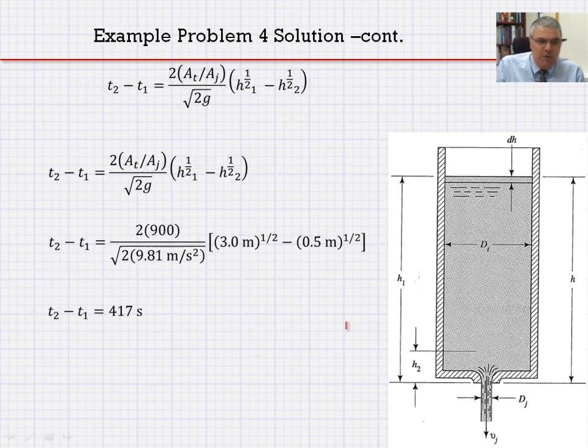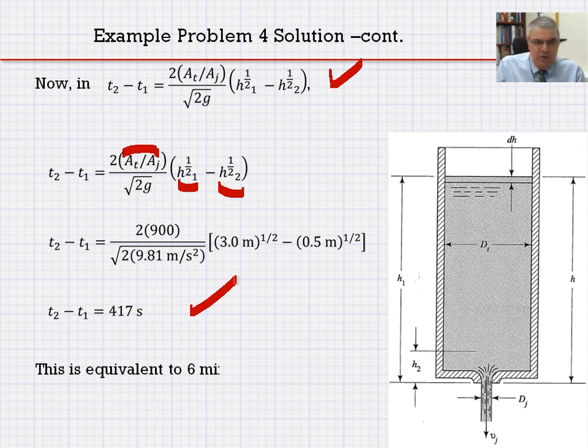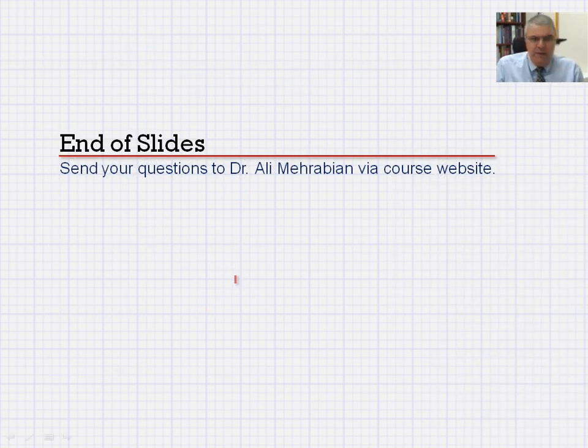That ratio is 900. The equation is still shown up here, so I can carry that forward. So we're going to substitute that by 900. g is known, h1 is known, h2 is known, and we simply calculate t2 minus t1 as 417 seconds. Divide that by 60, it's going to be 6 minutes and 57 seconds, right?